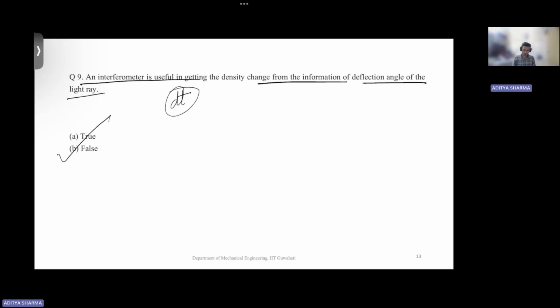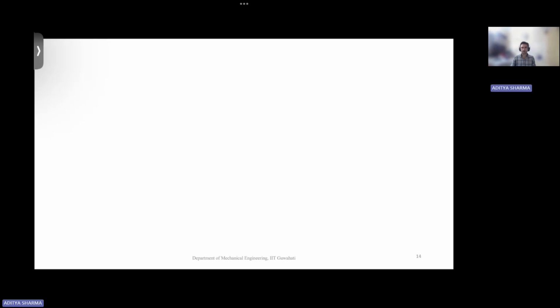So between two rays, this dt information is used. You can see this on slide number 19 of your lecture number 27. So this becomes a false statement in that case.